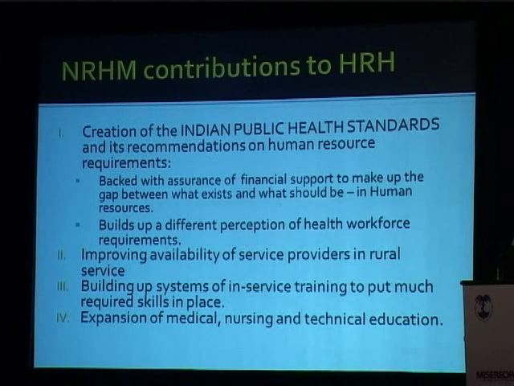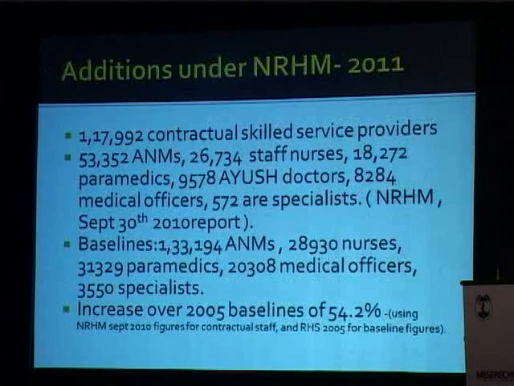The NRHM in its own way tried this with 4 different steps: the setting of public health standards and norms on service provider availability, improved availability through contractual appointments, the building of in-service training programs, and some expansion. You could see that this particular expansion in numbers is something like 1 lakh.